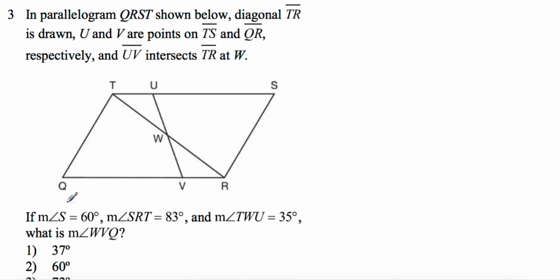Alright, let's move on to number 3 here. In the parallelogram shown in this picture, diagonal TR is drawn, and U and V happen to be points on those two sides that we can see. Now, if the measure of angle S is 60, this is 60 over here, and then SRT, this one is 83.